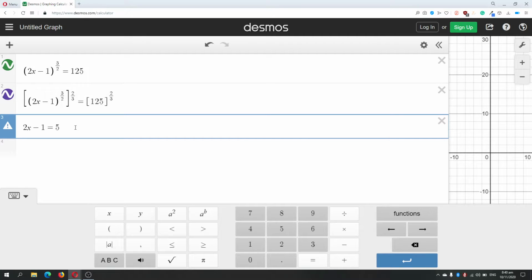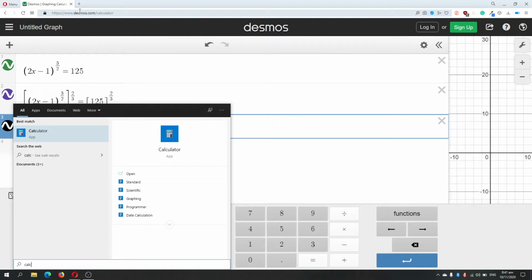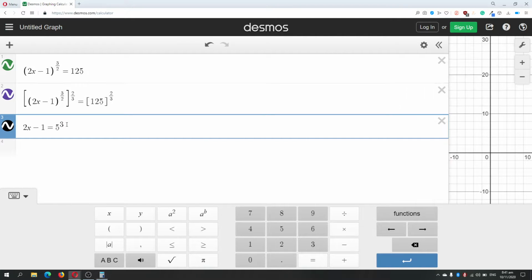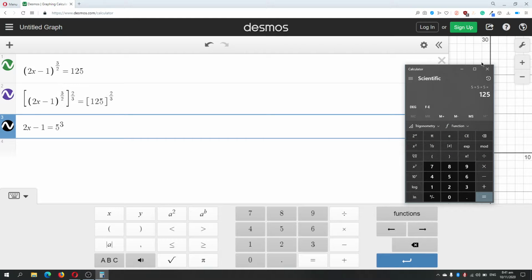So try muna natin sa 3. So 5 times 5 times 5, sa tatlo na yan. So 5 raised to 3.